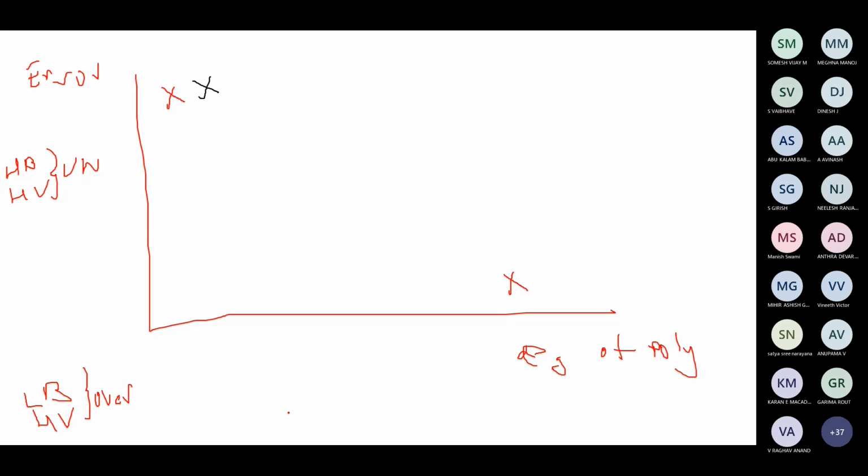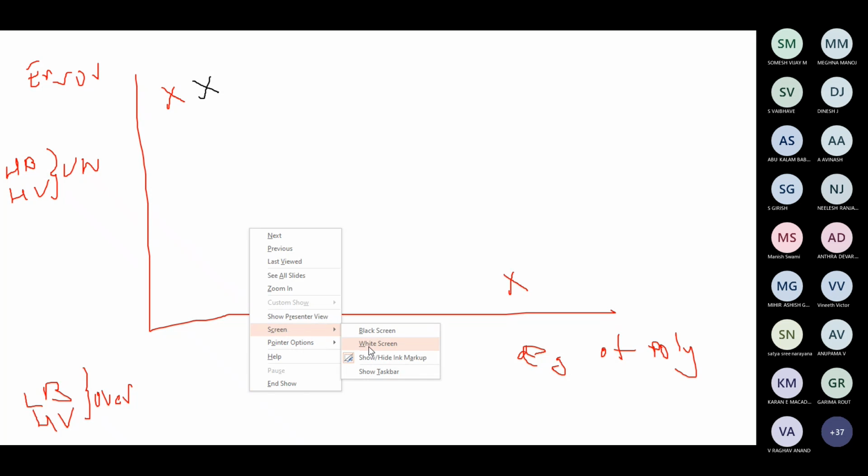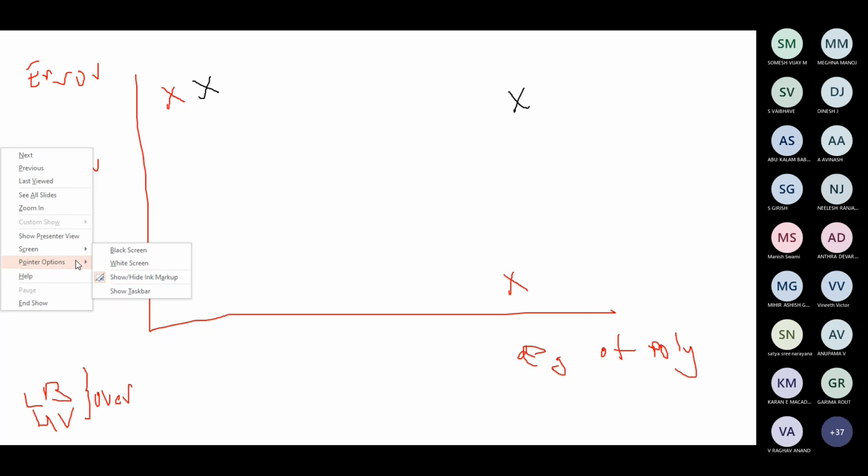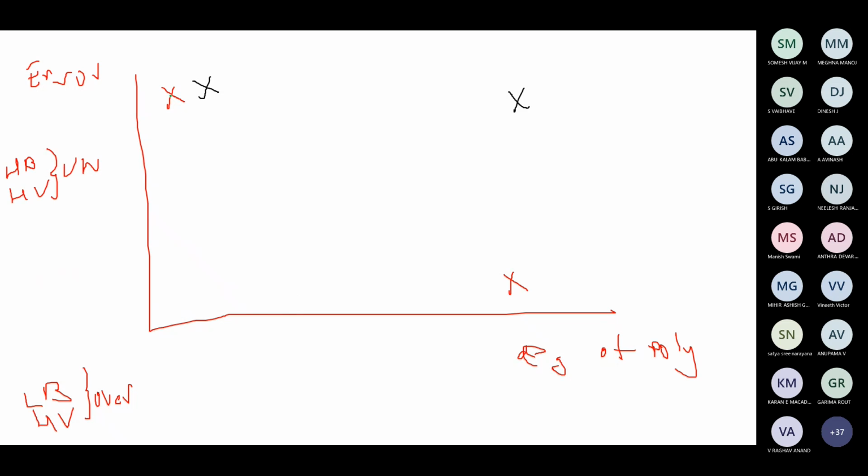And high variance means something over here. So when I try to draw a plot between underfitting and overfitting, I will get this line, a generalized representation.